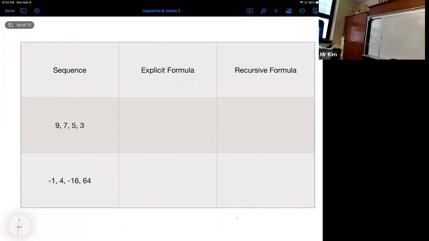When I ask you to write down the first term, the regular explicit is just one line, right? But if I ask you for recursive, I need you to tell me the first term is what.